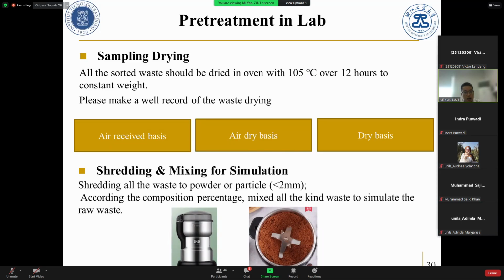If the change is very small, that means it is already dried. Please make a real record of the waste before drying. It is my experience: before drying, you can understand this is food waste, this is wood or textile. After drying, all looks similar, so you have to take care and make a record.